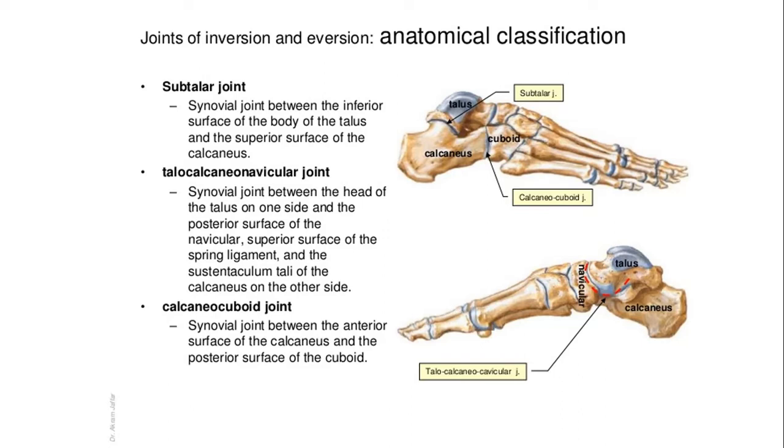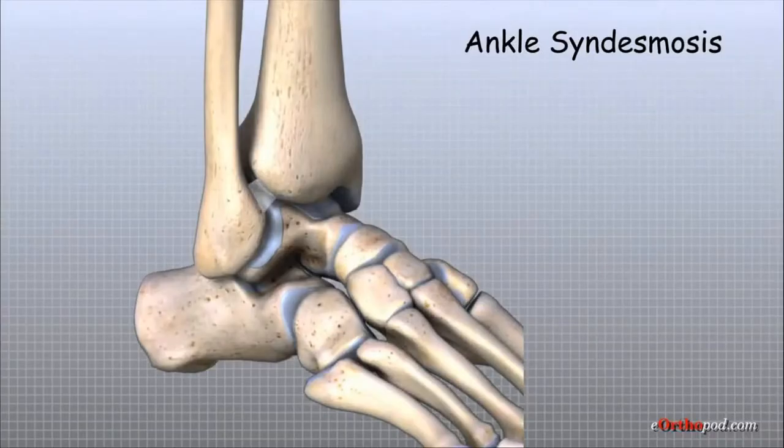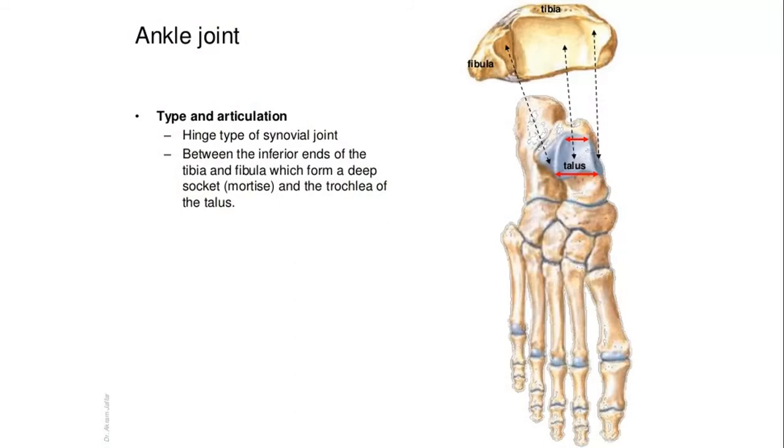So as we have understood this, now we go to the ankle joint. What type of joint is it? It is a trochlea fitting into the lower end of the tibia and fibula, so it's a type of hinge joint. Now recall the articulation between the lower end of the humerus and the trochlea made by the ulna bone.